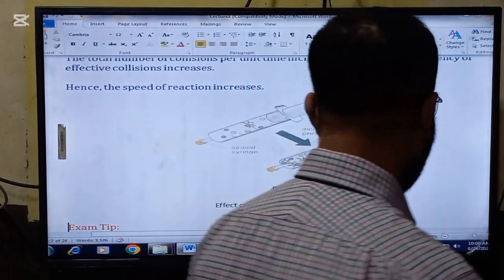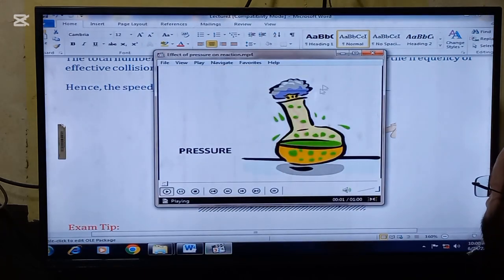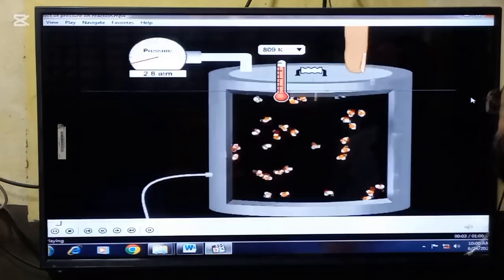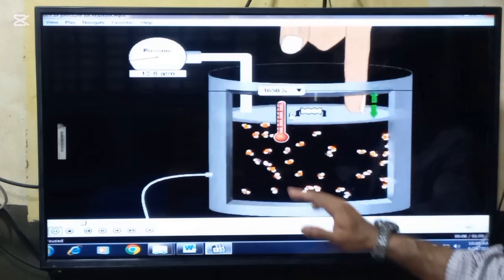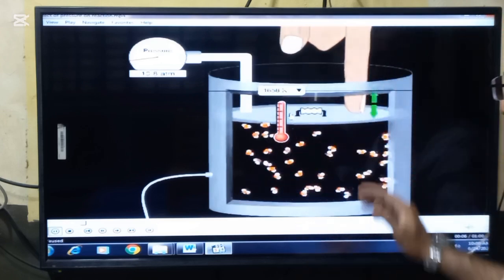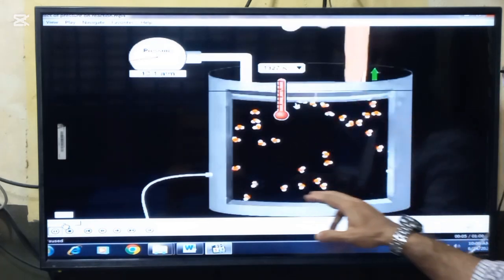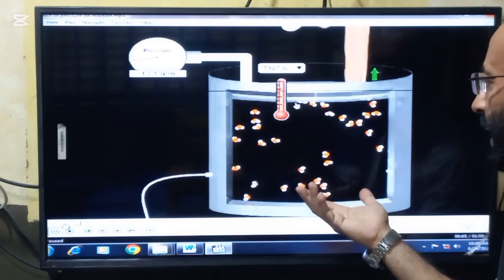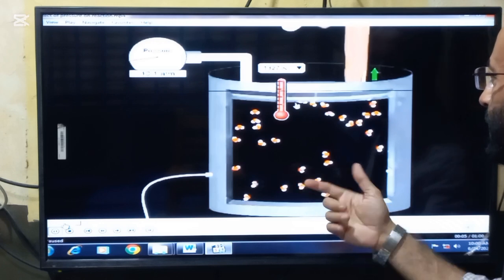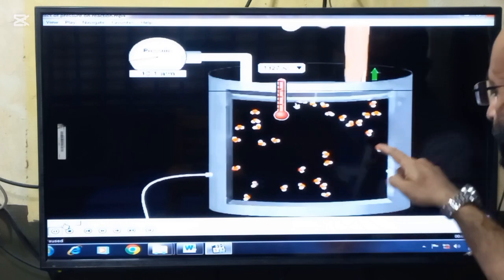So look now, here is a video that will make your concepts clearer. Pressure is another variable you could consider. What do you think the effect would be if we had a gas? In the beginning, this was the space available for the reacting particles. Whatever the rate of the chemical reaction was in this state, when we push the plunger, there will be less space available.